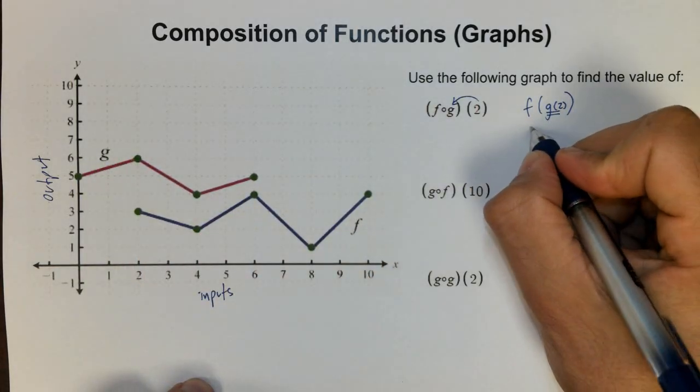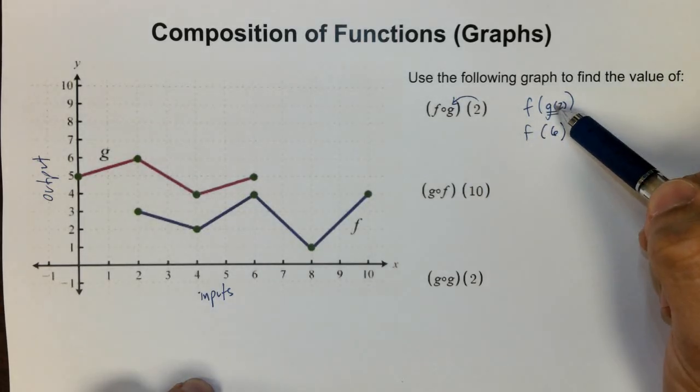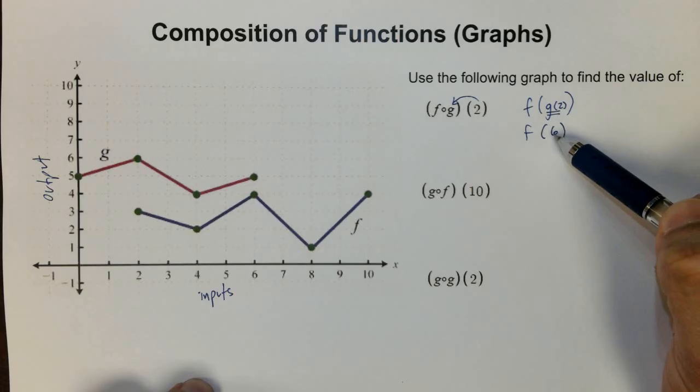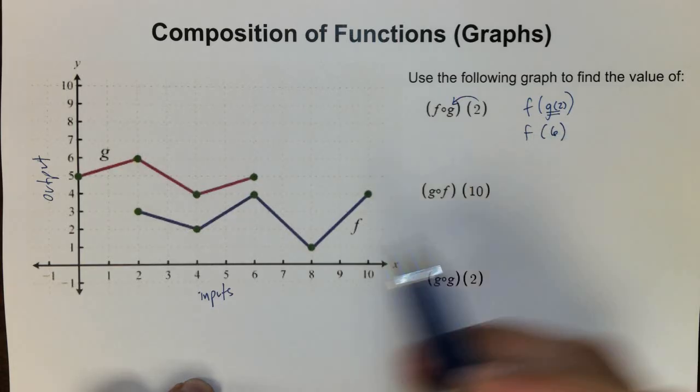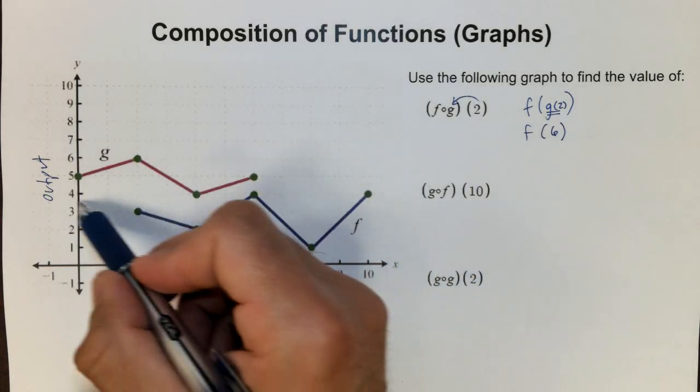So I can rewrite this as f of 6. Instead of writing g of 2, I can represent the value, which is 6. Now 6 will be my next input, but now I'm interested in what's happening at f. So I'm going to go to 6, and the value at f will equal 4.